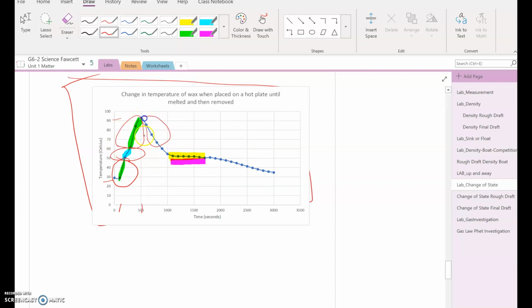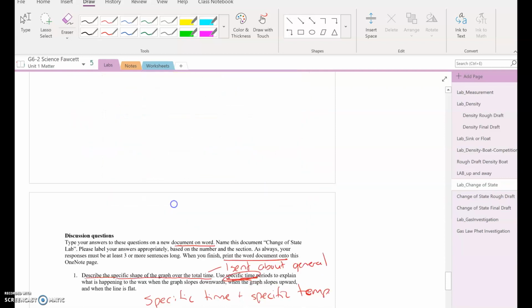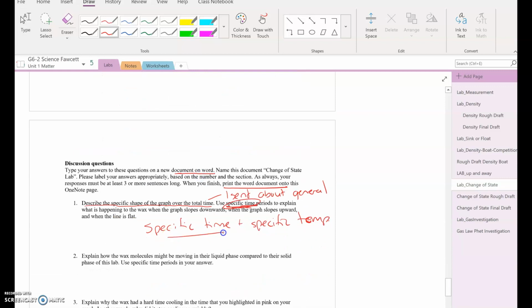And you have the part of the graph where the temperature was dropping as a liquid once you removed it from the heat. You have a leveling off period, and then you have the graph starting to drop again. So giving specific times and temperatures for all 6 of those different stages of the graph would make up a good answer for this question.